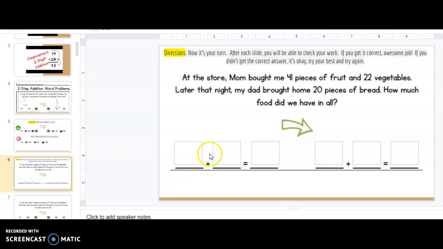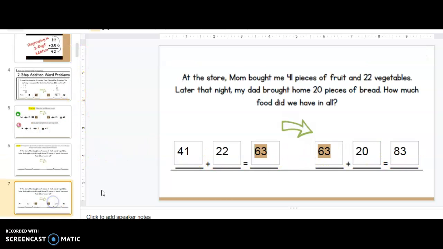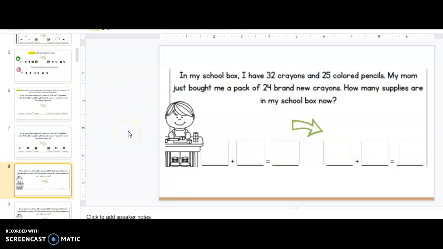So let's pretend that you filled out each box. For each problem, the correct answer is going to be right after it. So 41 plus 22 equals 63. For the second addition problem, you're going to carry over that 63 plus 20 equals 83. So for each problem, you can always check your work.